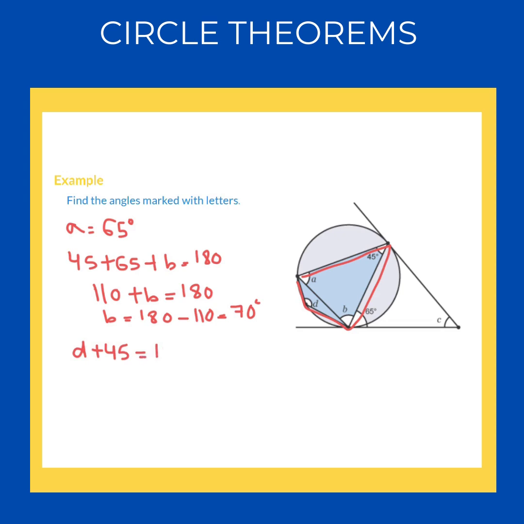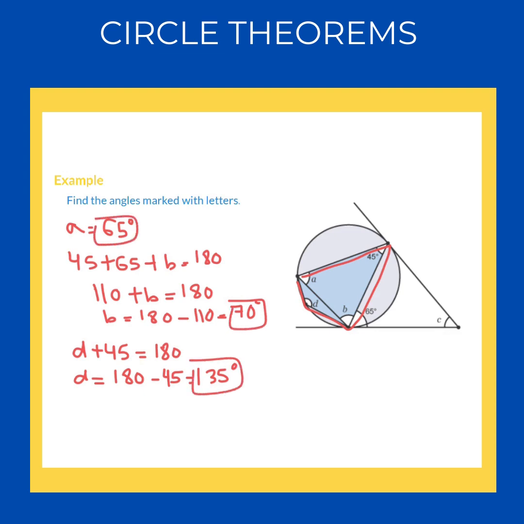So D is 180 minus 45, and the answer is 135 degrees. So we found A, we found D, and we found B. So this is B, this is A, and this is D.